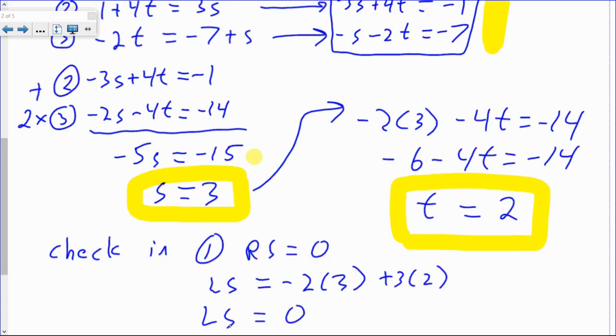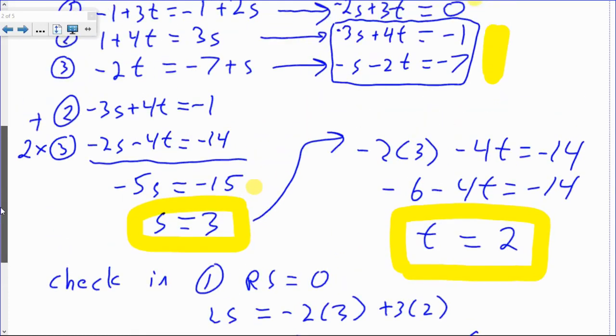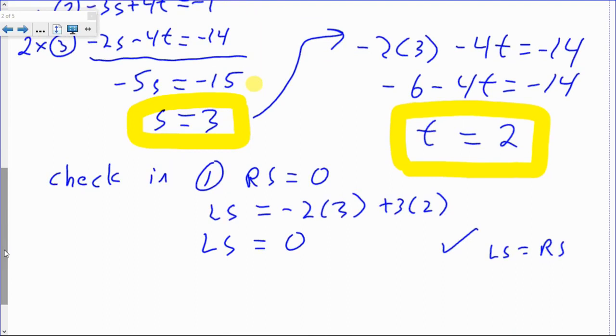So as it turns out, the check worked out, and s equals 3 and t equals 2 is our solution to all three equations. So we can just confirm that in equation 1.